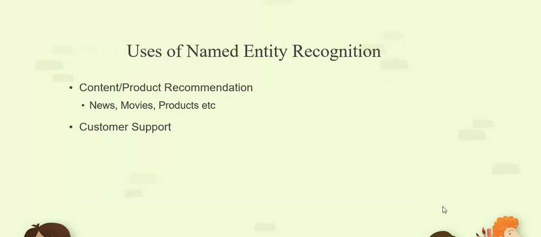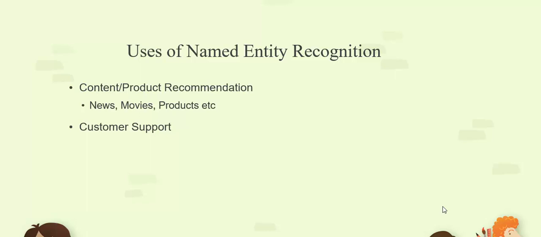Another use of named entity recognition is customer support. There are a number of ways to make the process of customer support feedback handling smooth, and named entity recognition is one of them. Let's take an example to understand the process. If you are handling the customer support department of a food delivery chain, say with multiple branches worldwide, you go through a number of customers' feedback.